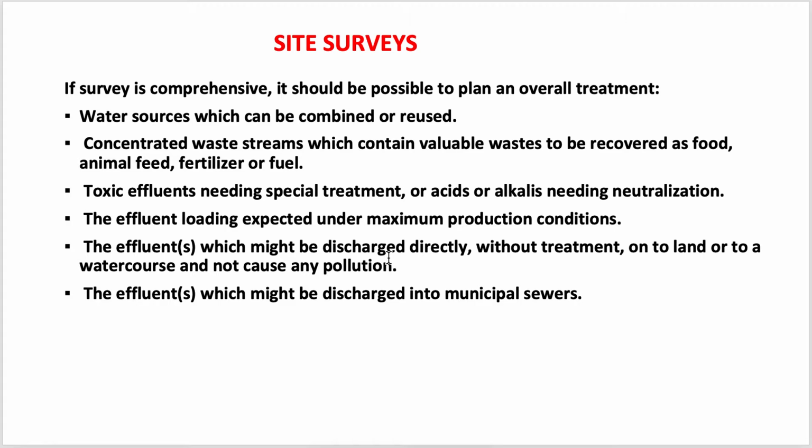So we need to identify those effluents which we can directly discharge, I mean, which will not be harmful for the environment. And some waste we cannot discharge into the environment, but we can discharge into the municipal sewers. This also can be identified by a comprehensive site survey.